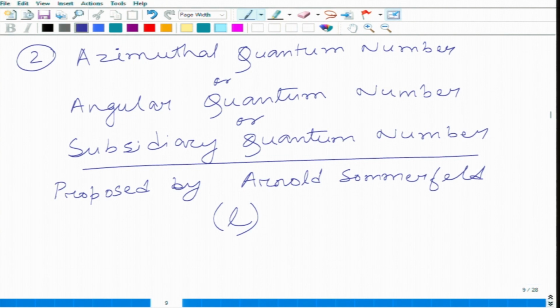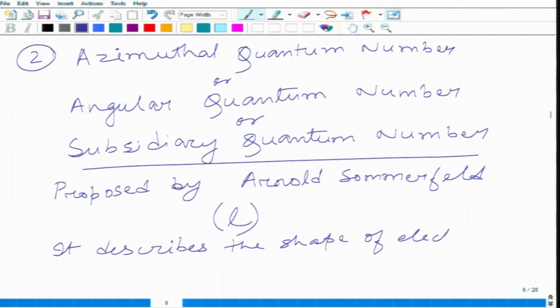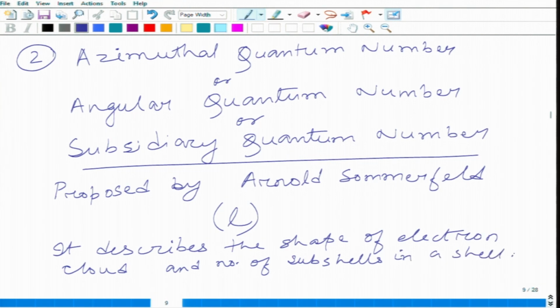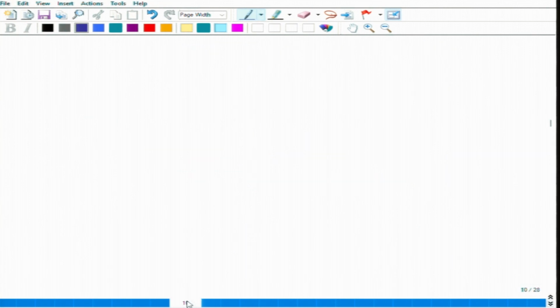So, what does the azimuthal quantum number describe? It describes the shape of the electron cloud and the number of subshells in a shell or in an orbit. Okay.